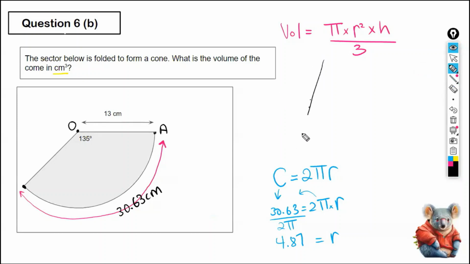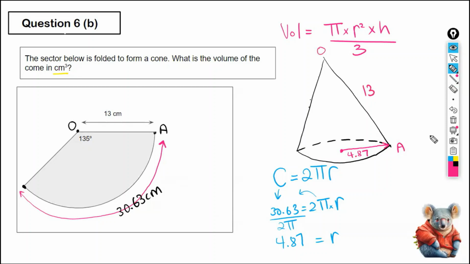So we have this cone here. We just got the radius of that cone to be how much? 4.87. We know from O to A is 13 centimeters. Here's the problem now.